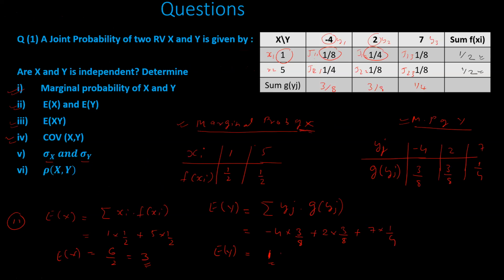So xi whole square into f of xi. So I will get 1 square into 1 by 2 plus 5 square means 25 into 1 by 2. This is the only value I will get. So I will get 1 by 2 plus 25 by 2, which is 26 by 2.